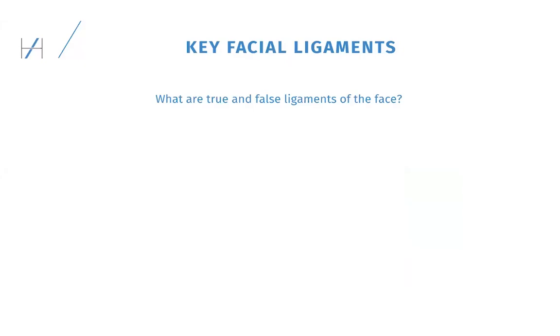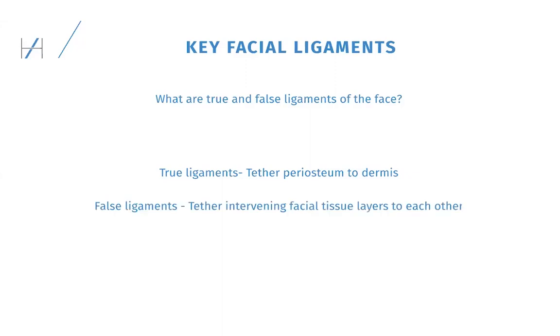So they run the whole 5 layers, whereas false will connect different layers together. So true ligaments are the most relevant for our patients because they're the ones they start to see as gravity starts sagging and we start losing volume in those areas. And I'm going to show you a photo of that and demonstrate that for you in a minute. And true ligaments are the ones, so I say here, true ligaments tether periosteum to dermis and false ligaments tether intervening facial tissue layers to each other.